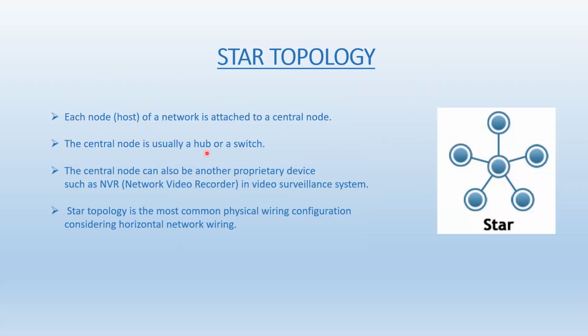The central node is usually a hub or a switch, but it can also be another proprietary or specifically designated device, such as an NVR, a network video recorder, used in video surveillance systems, basically a security camera system.